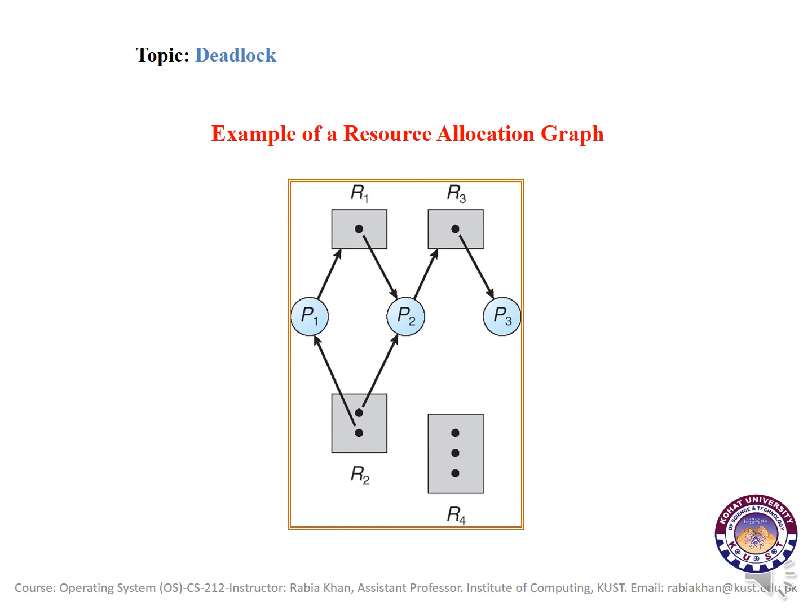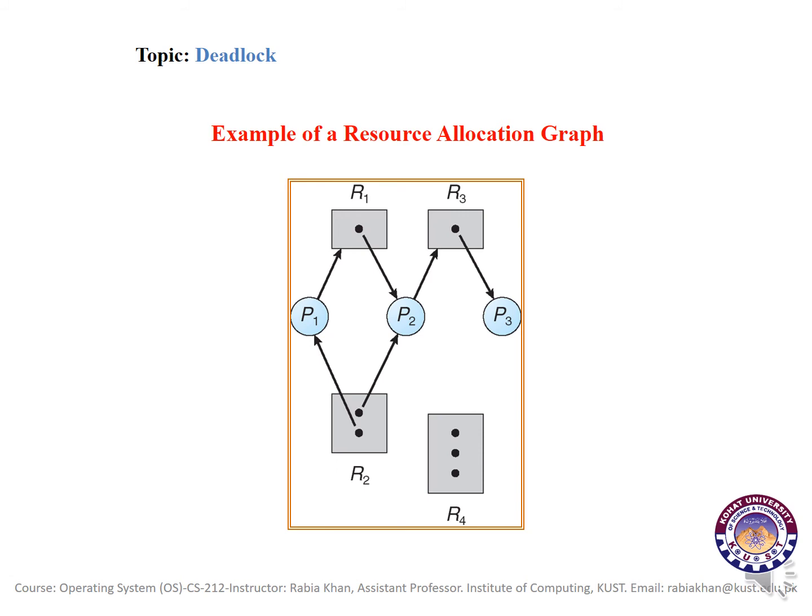Some of the resources have more than one instances, which are shown by small circles or small squares inside the big square. As you can see, resource 2 has 2 instances and resource 4 has 3 instances respectively.